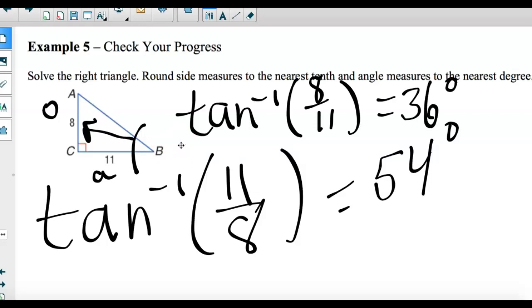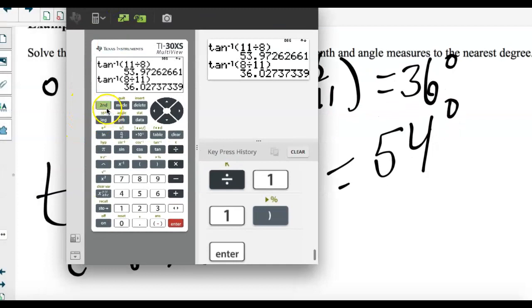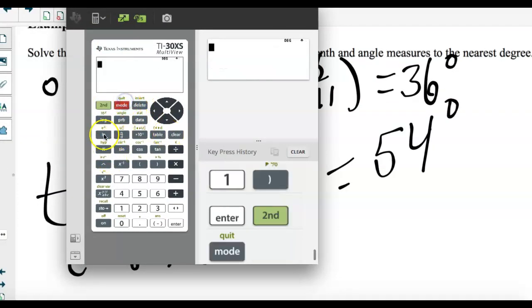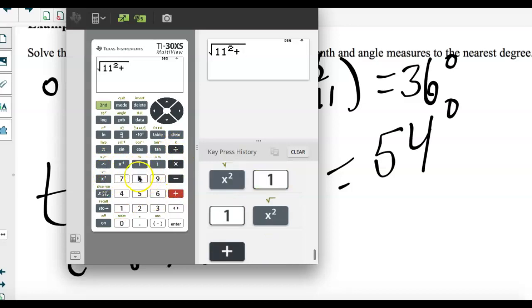So using the Pythagorean theorem again, we're trying to find our c value here. So c squared is going to equal 8 squared plus 11 squared. So we get a calculator. We do many steps here. So second, do 11 squared plus 8 squared.